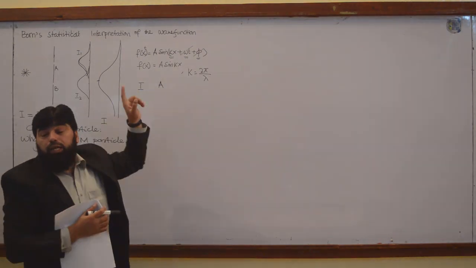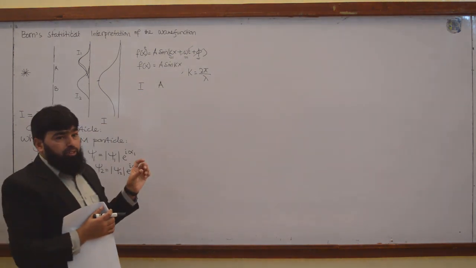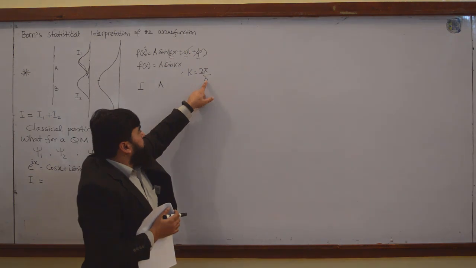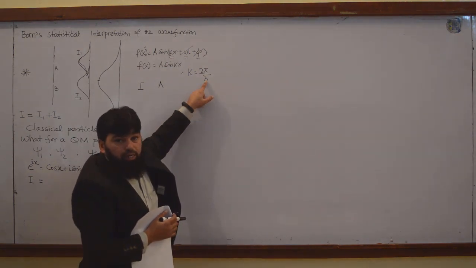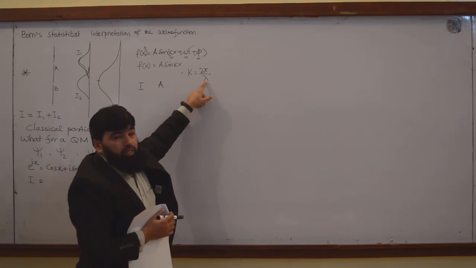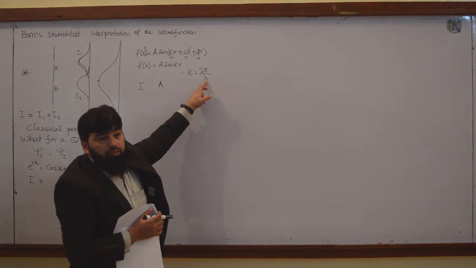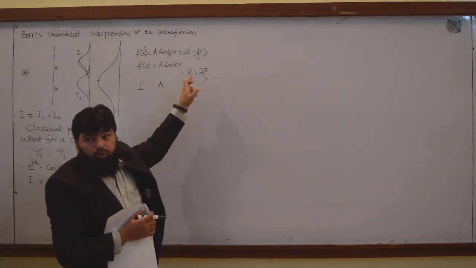Intensity of a wave. One is the energy of a wave. As earlier we discussed, the energy of a wave is dependent on lambda, which is the wavelength. The shorter the wavelength, the greater will be the energy of the wave.